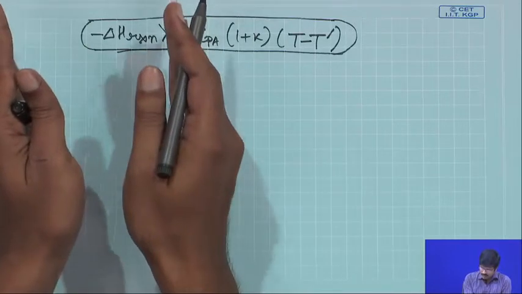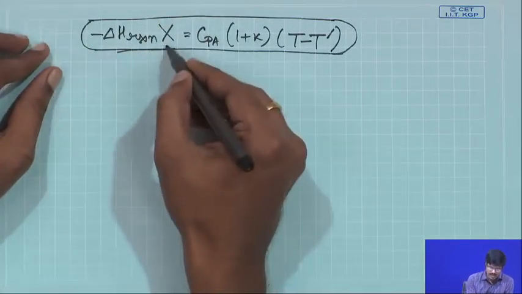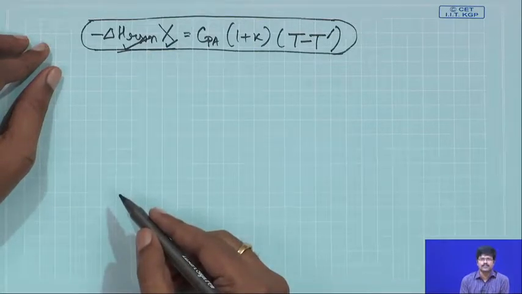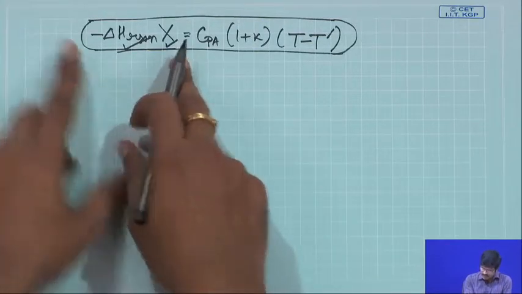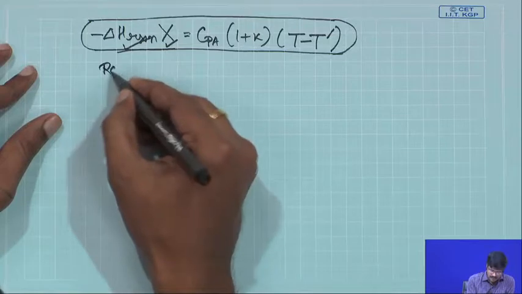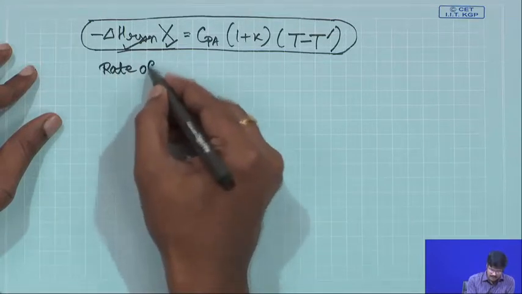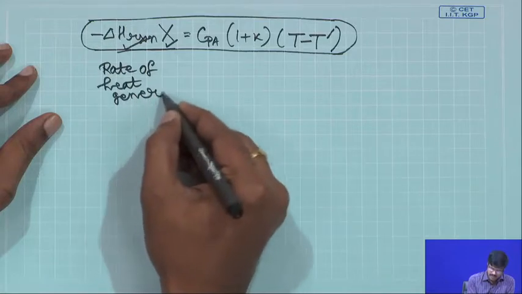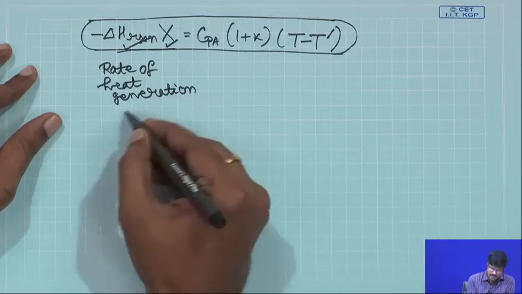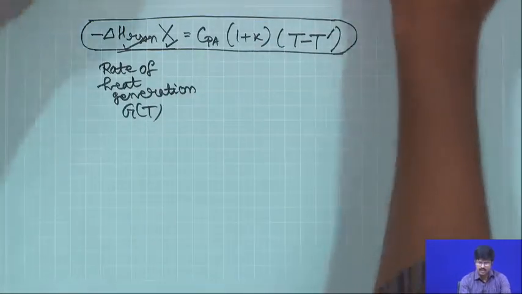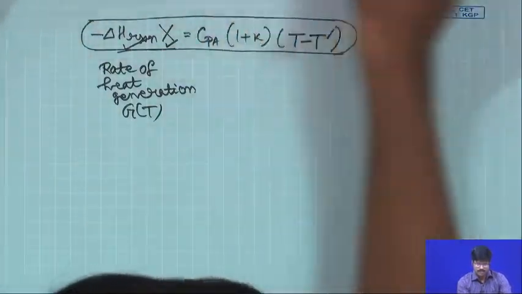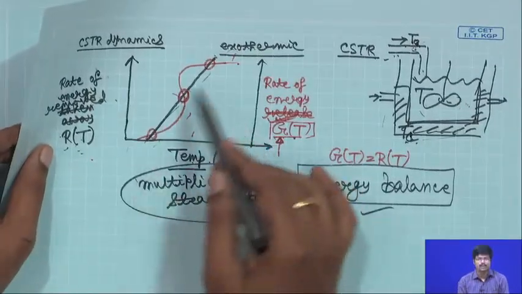On the left hand side, you see this is conversion, and this is delta H of reaction, that is the enthalpy of reaction. So, the left hand side tells you the rate of heat generation, which is nothing but G(T). Remember that in the previous class, we talked about this particular graph.